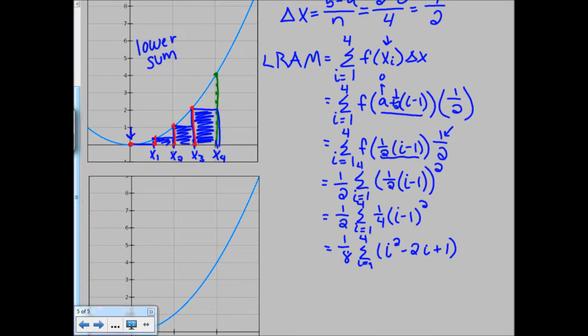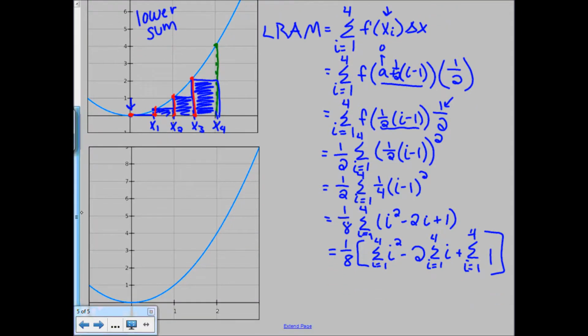So now we're going to split up our sum and then use our summation formulas, just like we were doing before. So 1/8 bracket, sum of i going from 1 to 4 of i squared, minus 2 times the sum of i going from 1 to 4 of i, plus the sum from 1 to 4 of 1, bracket. I already went ahead and pulled that 2 outside of the middle sum just to save us some time.